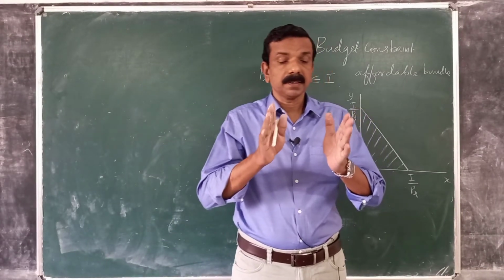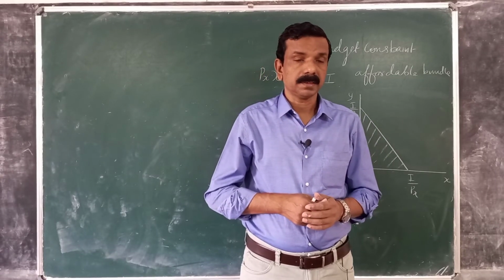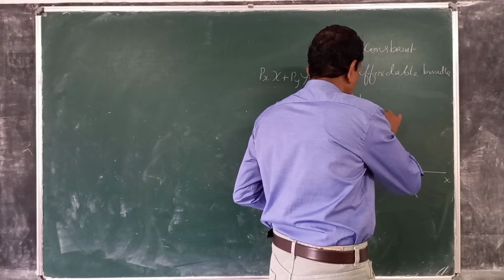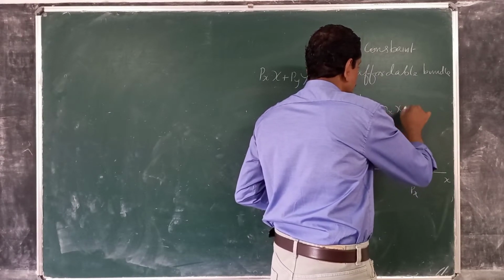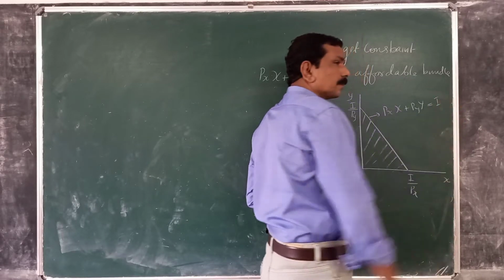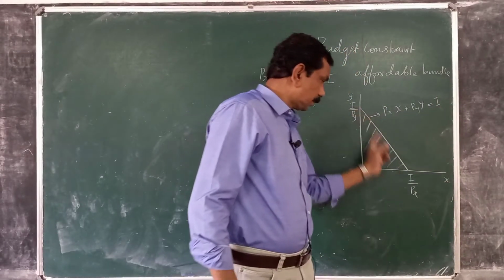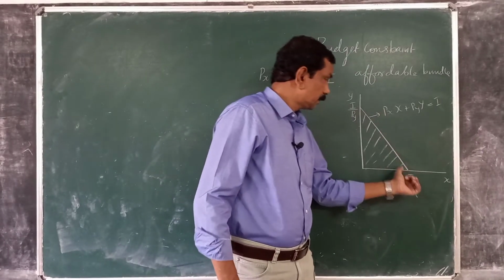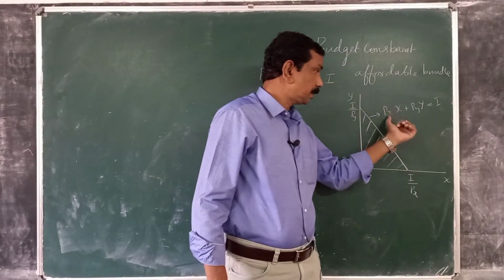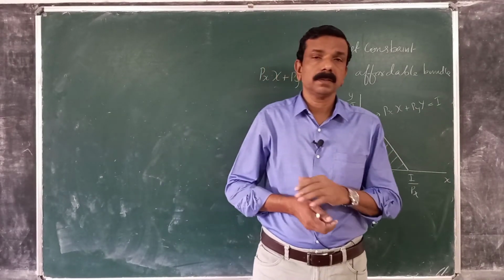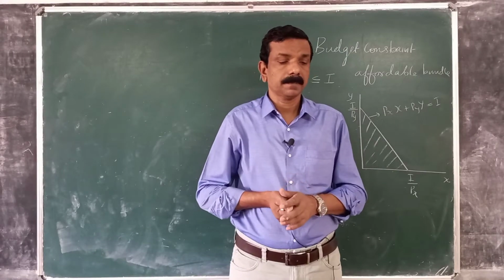That is the graphic representation of the budget set. And this line is denoted as Px into X plus Py into Y is equal to I. This is the budget line. And on the budget line, the inequality is replaced by the equality.